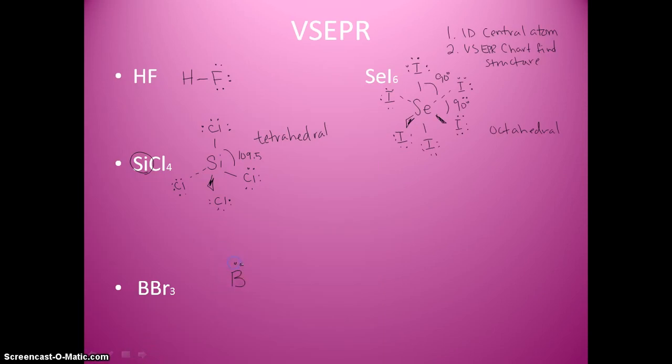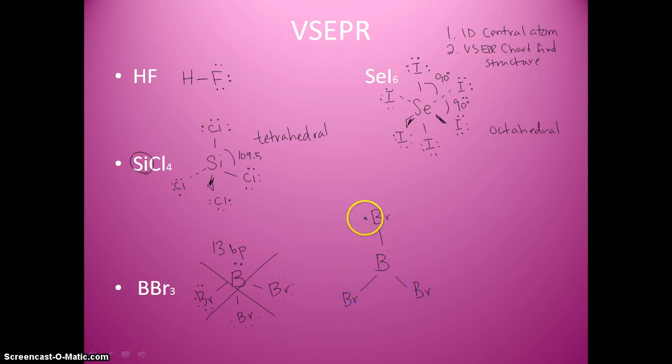So, I mean, you could draw this like this, and you know you need 12 bonding pairs. And you can see right away you have 1, 2, 3, 4, 5, 6, 7, 8, 9, 10, 11, 12, 13. So you know that that is incorrect because there's 13 bonding pairs. So let's try it the other way, which is our trigonal planar.